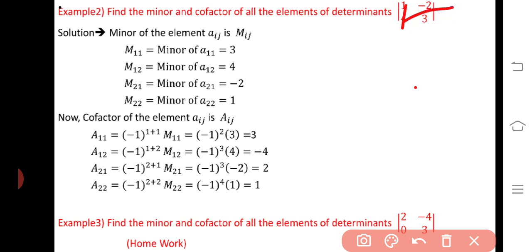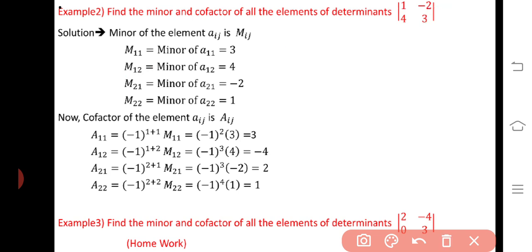What element is remaining? a22, that is 3. That is the minor of a11. Similarly, minor of 1, 2: delete the first row, second column. The remaining element is 4.